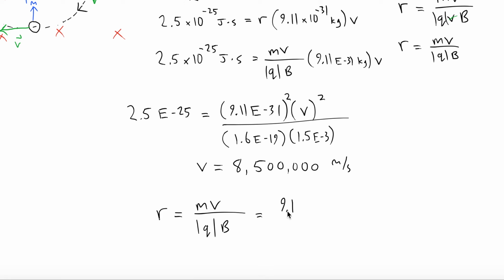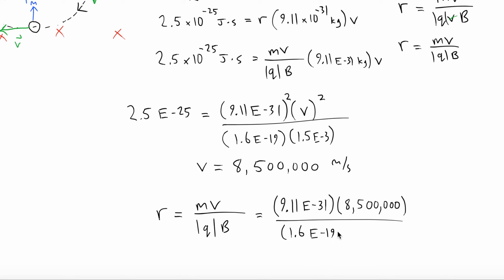So 9.11 times 10 to the minus 31, times 8,500,000, divided by the charge of the electron and the B field. All right, I'm getting a radius of about 3 centimeters, 3.2 centimeters.